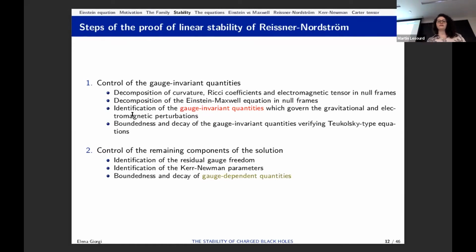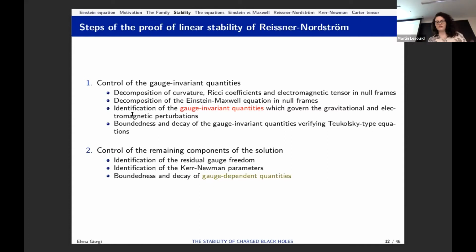These quantities will satisfy some Teukolsky type equations that you hope to control, and really obtain boundedness and decay for such quantities. This is sort of separated from the second part. What is left to do, after you control the gauge invariant quantities, is that you still have to control all the other quantities, which are gauge dependent. That's where the gauge is really crucial, since it changes depending on the gauge.